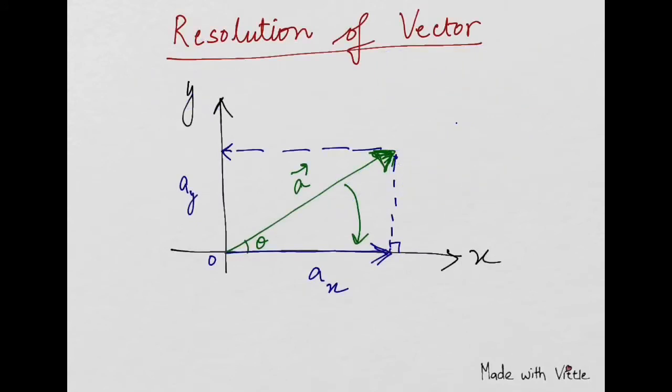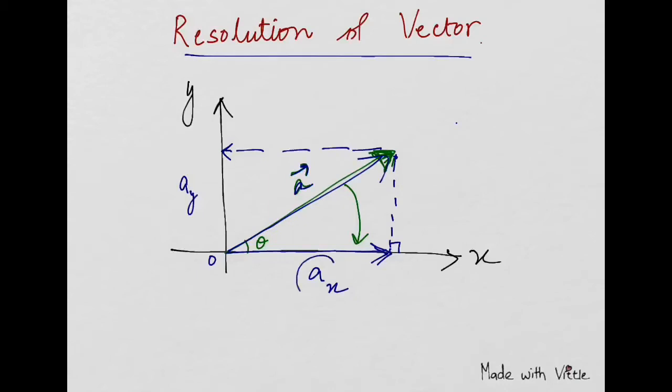Now we will be talking about resolution of any vector quantity. Let's say over here I have a vector A whose projection on the x-axis is ax and projection on the y-axis is ay.